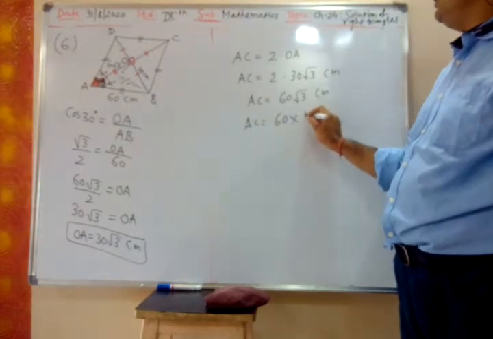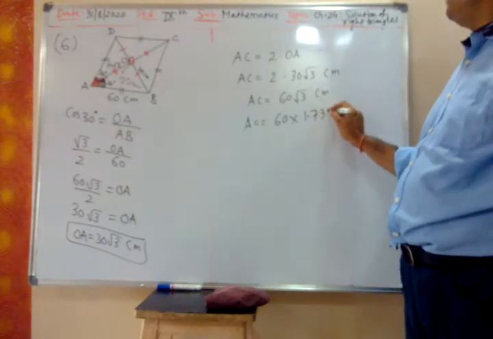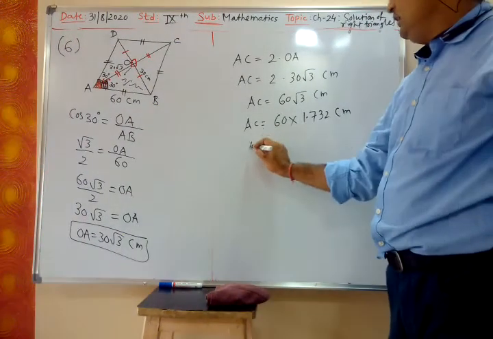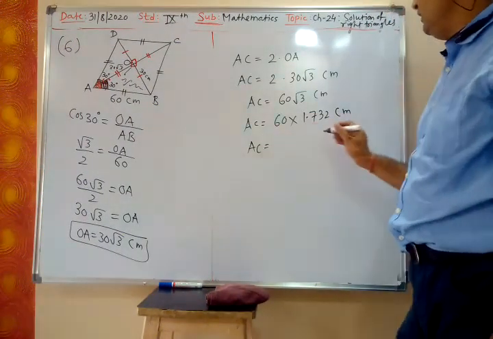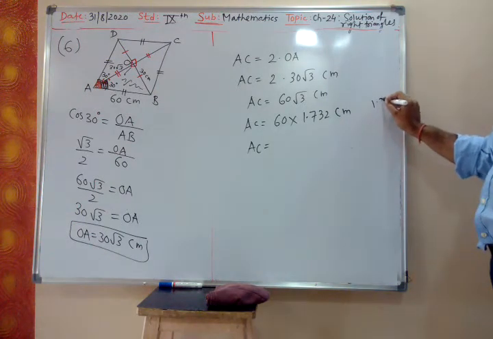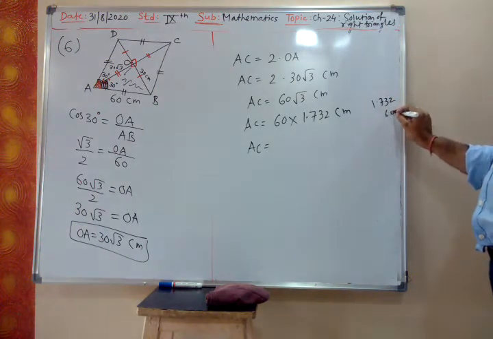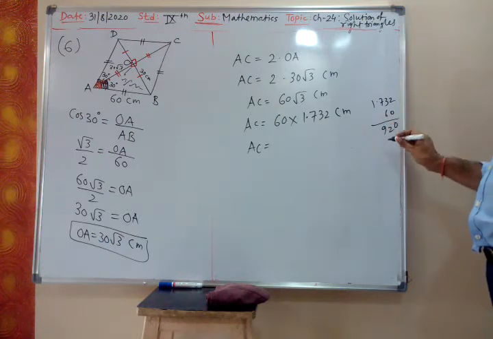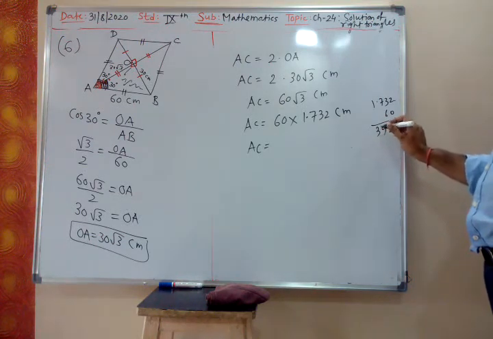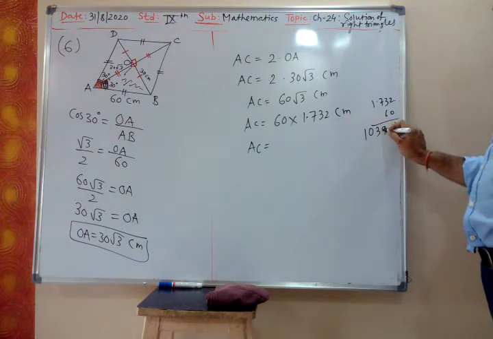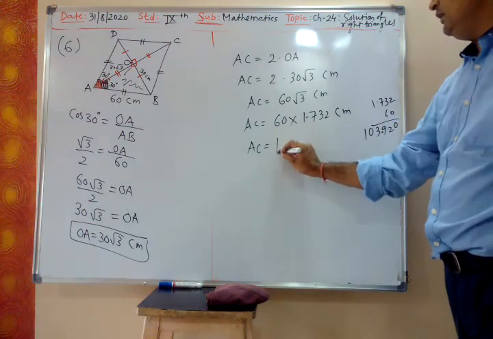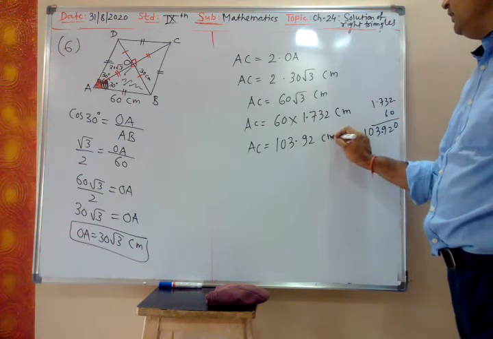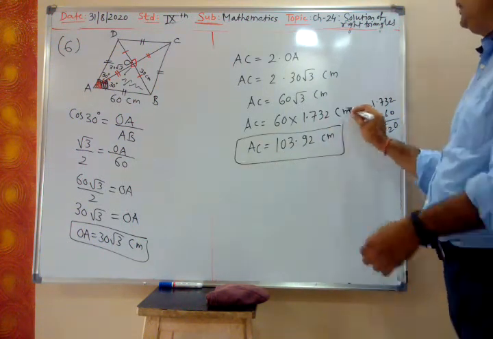Root 3 is 1.732. Just multiply, 1.732 multiplied by 60. That is 103.92. So AC is 103.92 centimeter. So this is my diagonal AC.